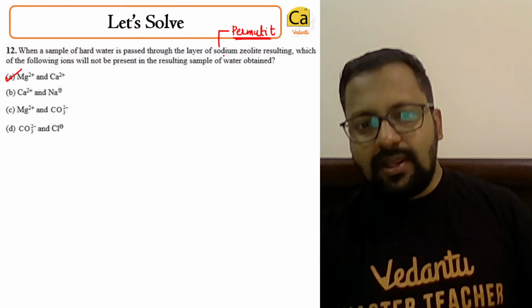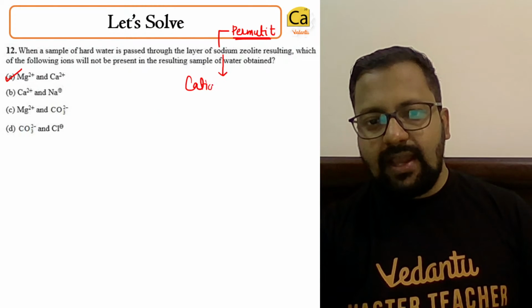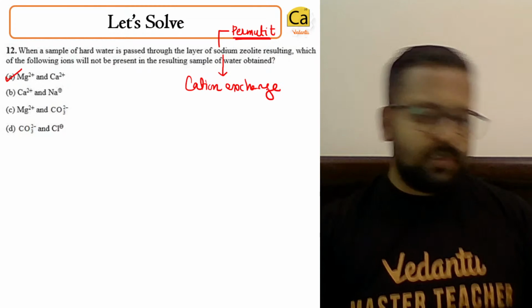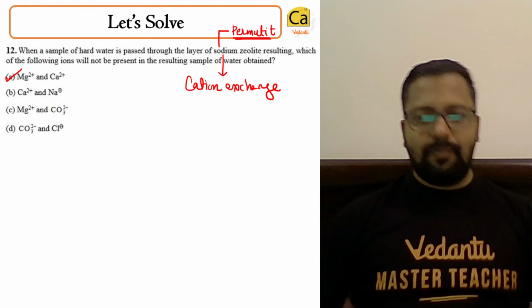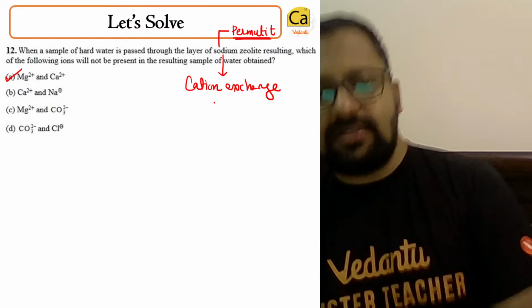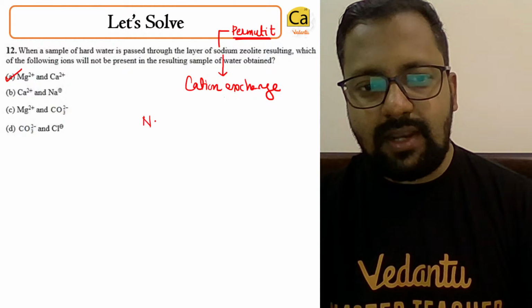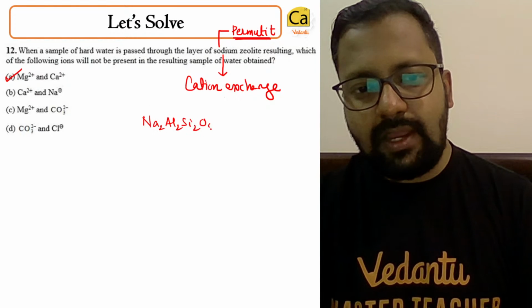It is gonna exchange. This functions as cation exchange. Permutate, not permutant. Permutate. We have just discussed this. So you have sodium zeolite, Na2Al2Si2O8.